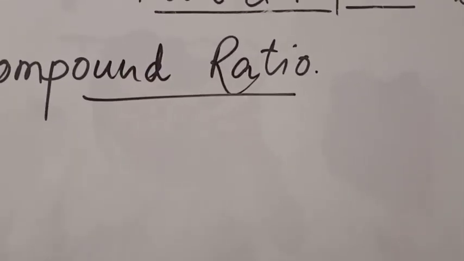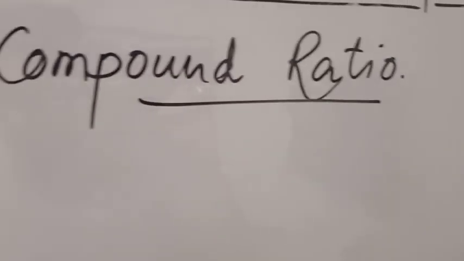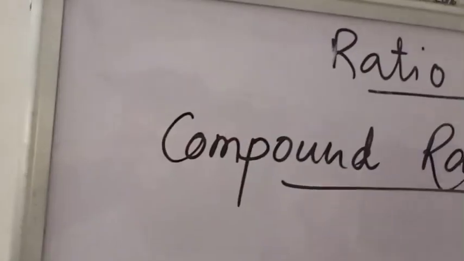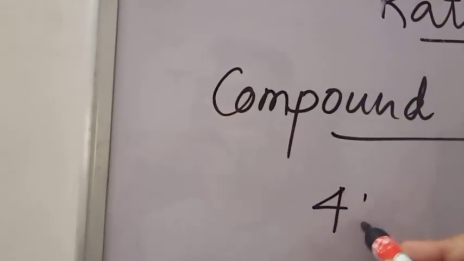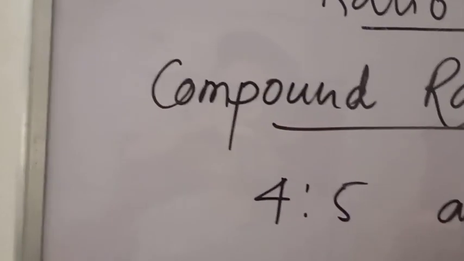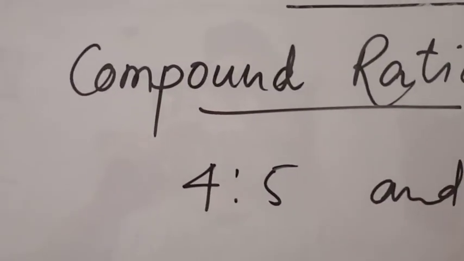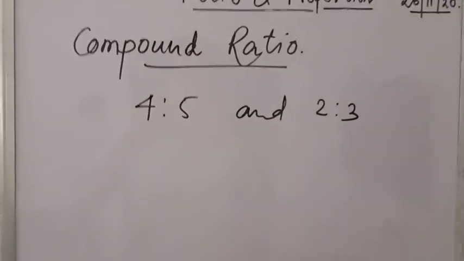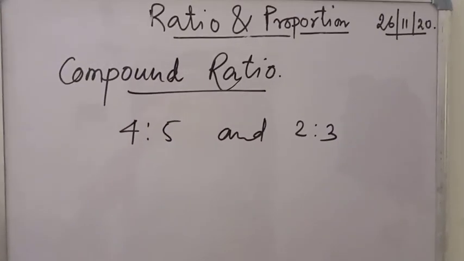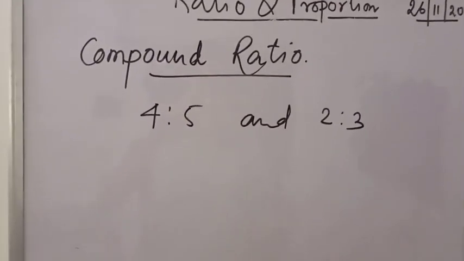For example, suppose 2 ratios are given, 4:5 and 2:3. You have to find the compound ratio of these ratios.